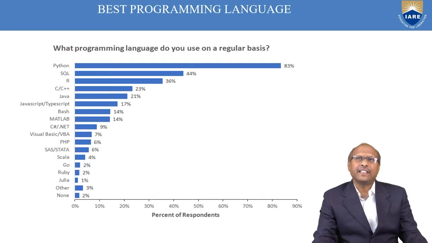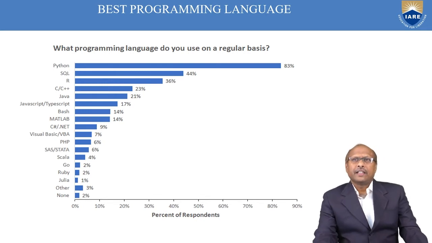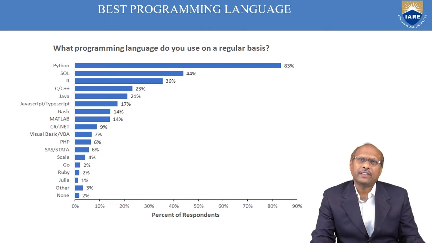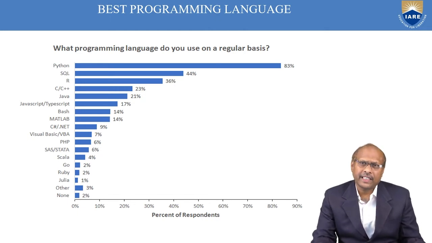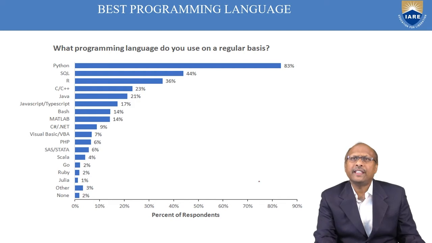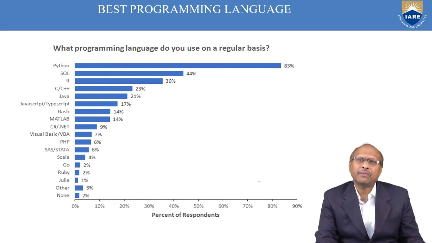And you can see the history, the ratings, and the different programming languages available in the market. In that set, Python is at the top. See the graph. In the graph, different programming languages are given. In industry, there are so many people with different natures and different requirements.